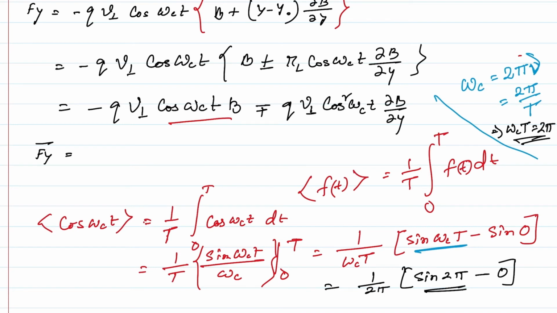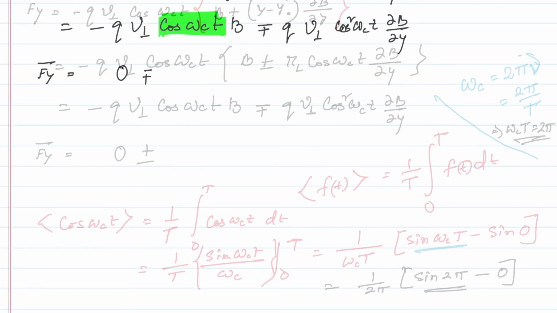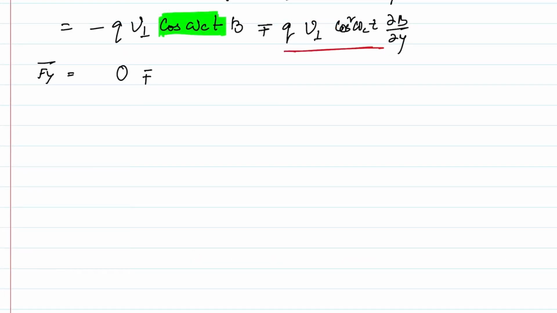So the average of cos omega c t is 0, so then we get minus plus, and now the average of cos square omega c t. I have made a mistake here, this rL is missing, the Larmor radius is missing here.